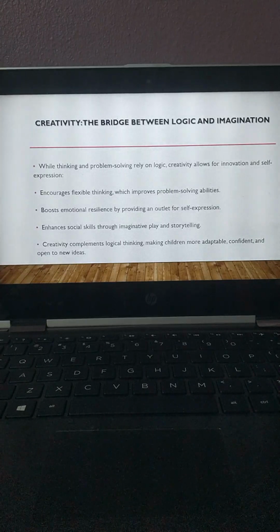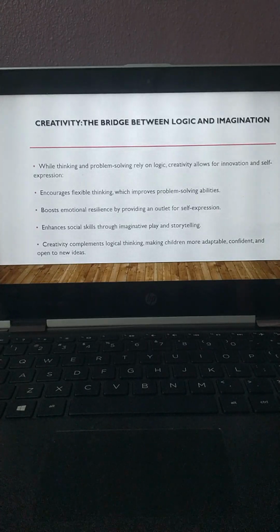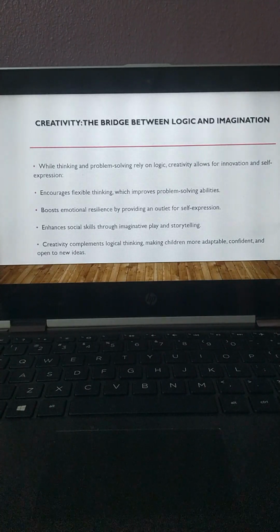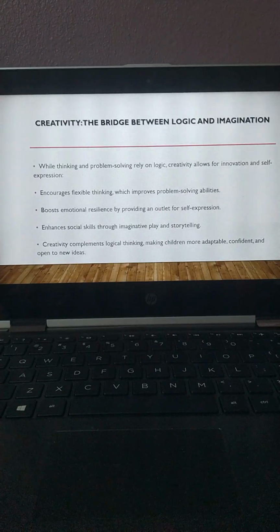And they believe that, okay, if I can do this, then I can do this. If I can draw this, then I should be able to think creatively and do some other things. Creativity is also very important. It complements logical thinking, making children more adaptable, confident, and open to new ideas.